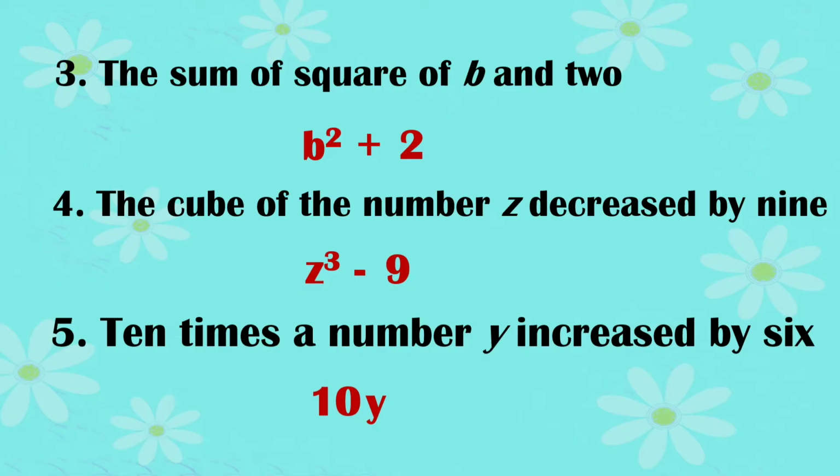Or simply as that. So, increase. So, plus 6. Ayan. So, yan yung mathematical expression for number 5. We have 10 times a number y increased by 6. Ayan. So, nakapag-recap na tayo. So, familiarize na kayo sa mga words at kung paano siya isusulat into mathematical expression.